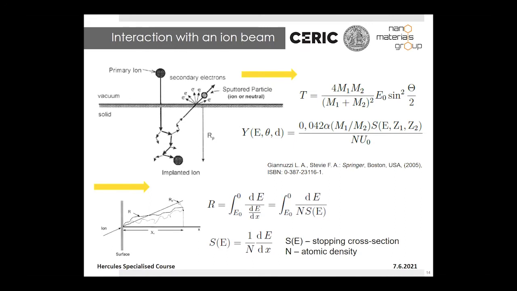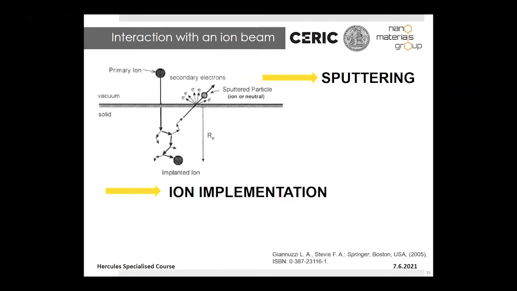Here you have a terrific equation. Just one thing you have to remember from it is that it is mass dependent. It depends on the sample structure, on the material, and it leads mostly to two processes: the sputtering process and ion implantation.